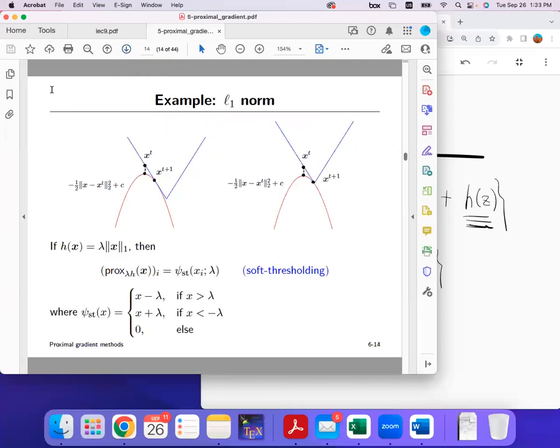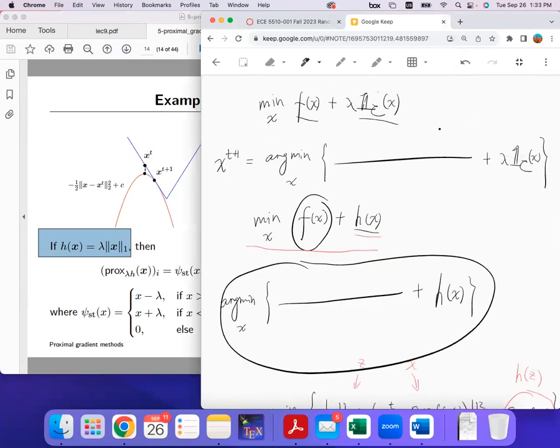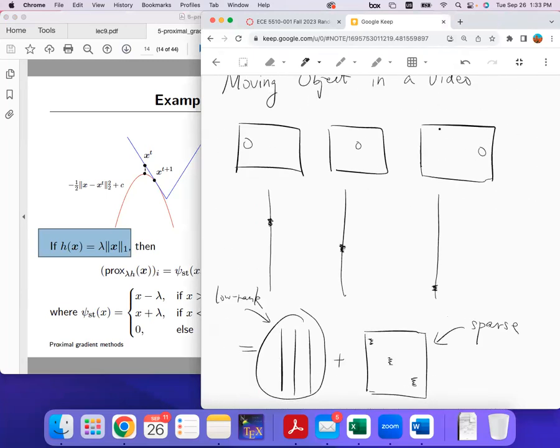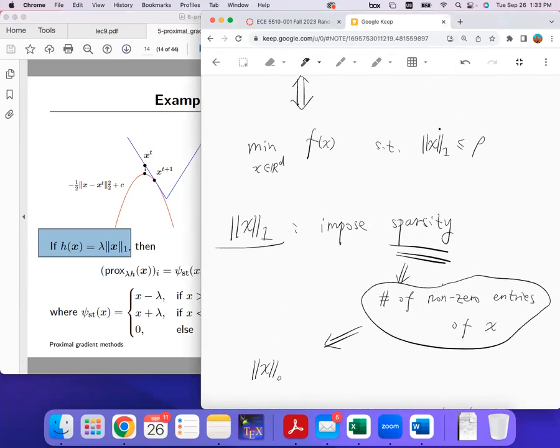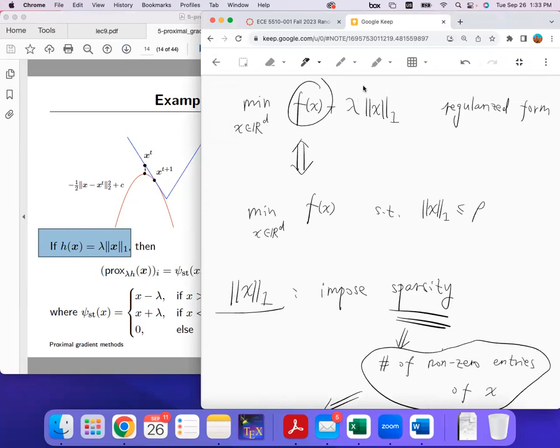Okay, the second one is the L1 norm, a very important example. If H is lambda times the L1 norm, because this is how we introduce this L1 norm minimization, we add lambda times the L1 norm to the objective function.